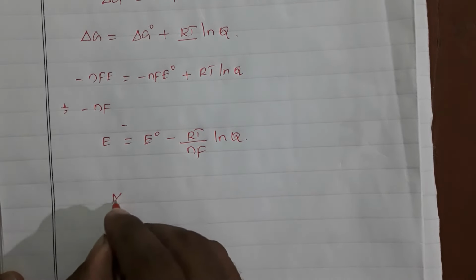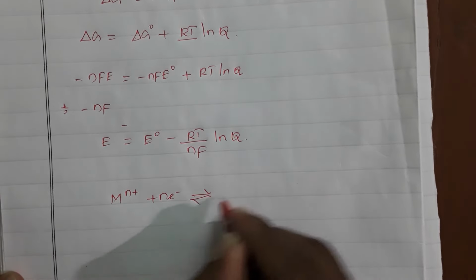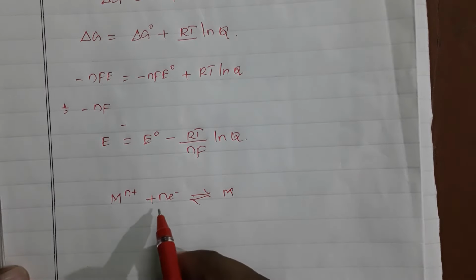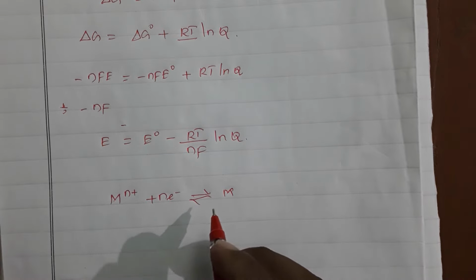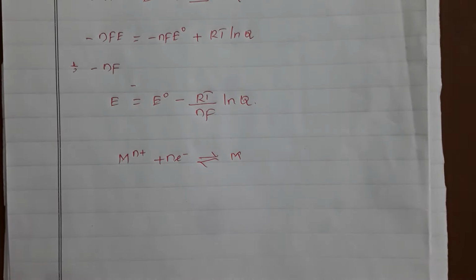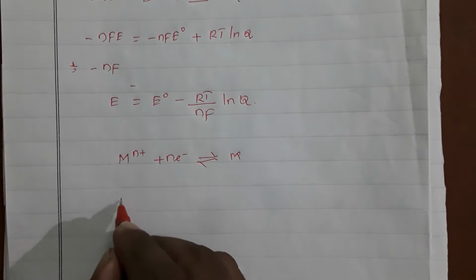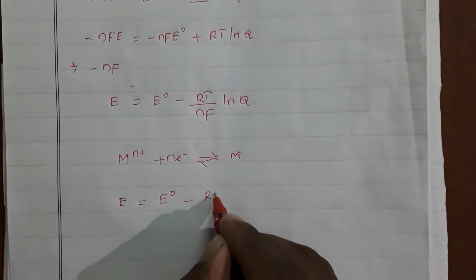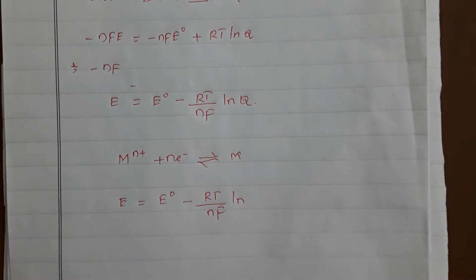Now take a general reaction. Mn plus, when it takes n electrons, goes to the reduced form as M. Now we are going to write the equation for this reaction, that is E equal to E naught minus RT by nF ln Q, where Q is the equilibrium constant.